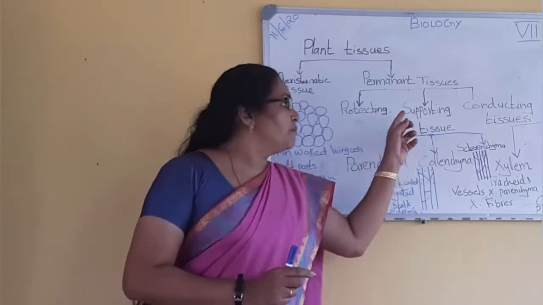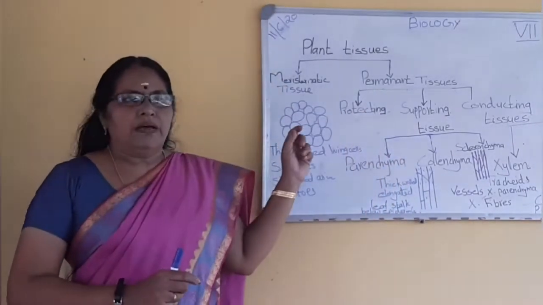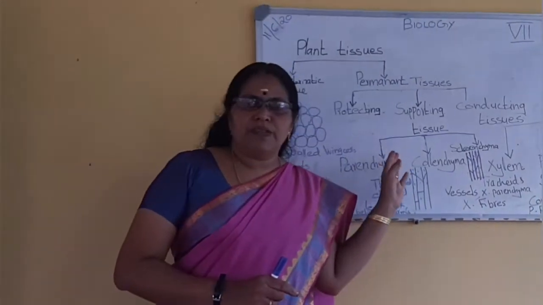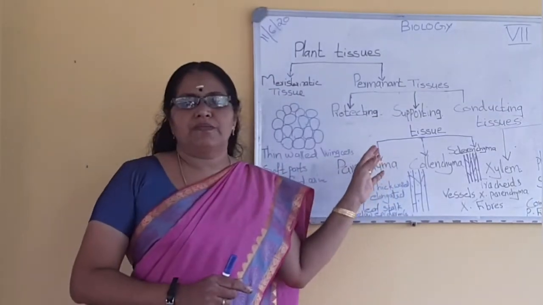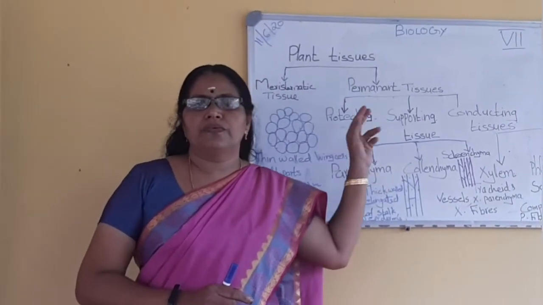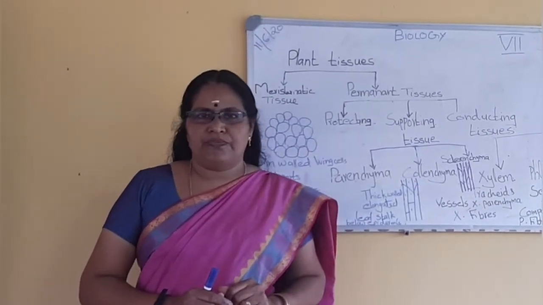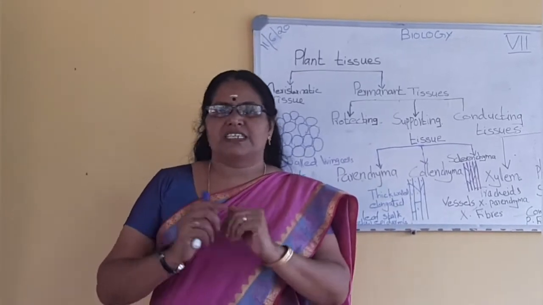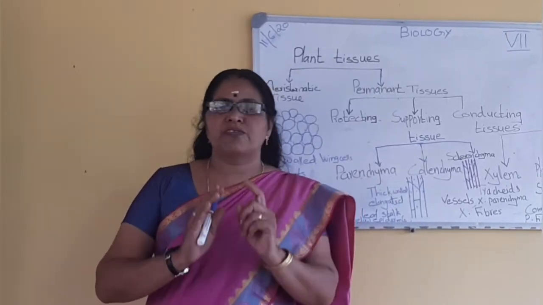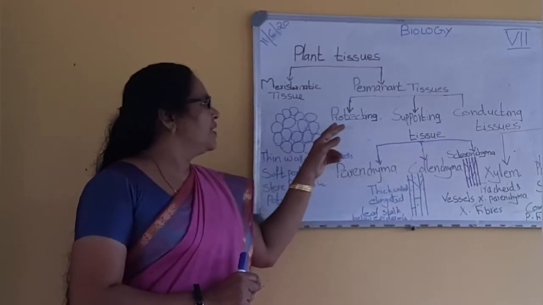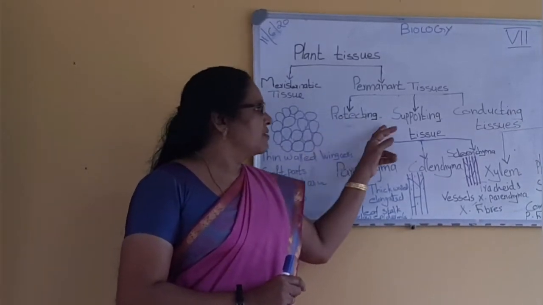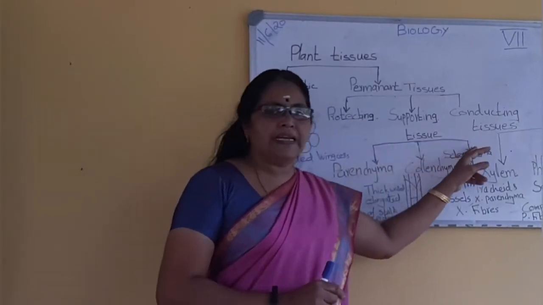So that is the permanent tissues. Most parts of the plant are made up of the permanent tissues. On the basis of the function, there are three types of permanent tissues: protecting tissues, supporting tissues, and conducting tissues.